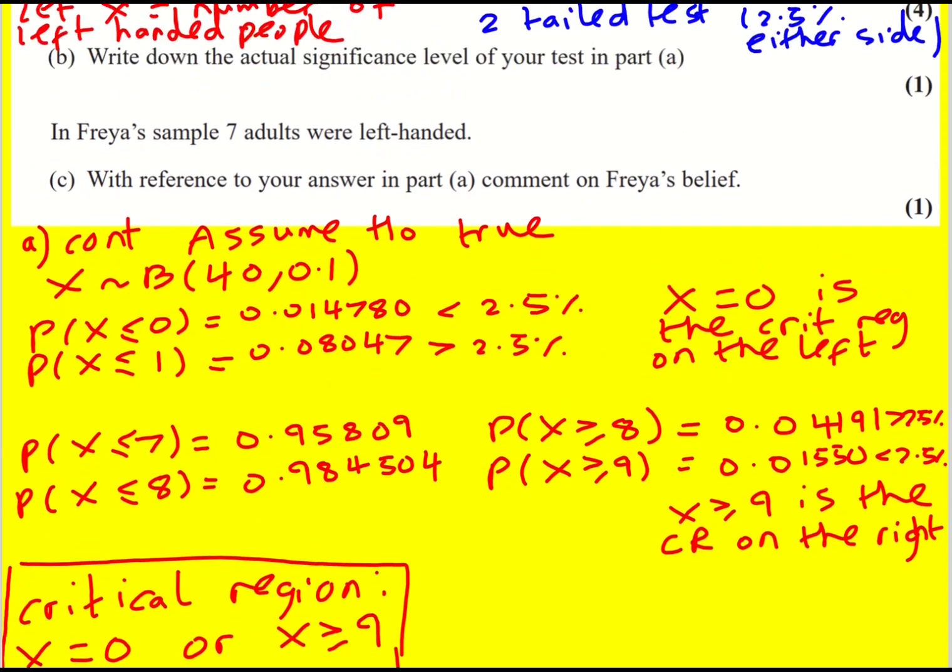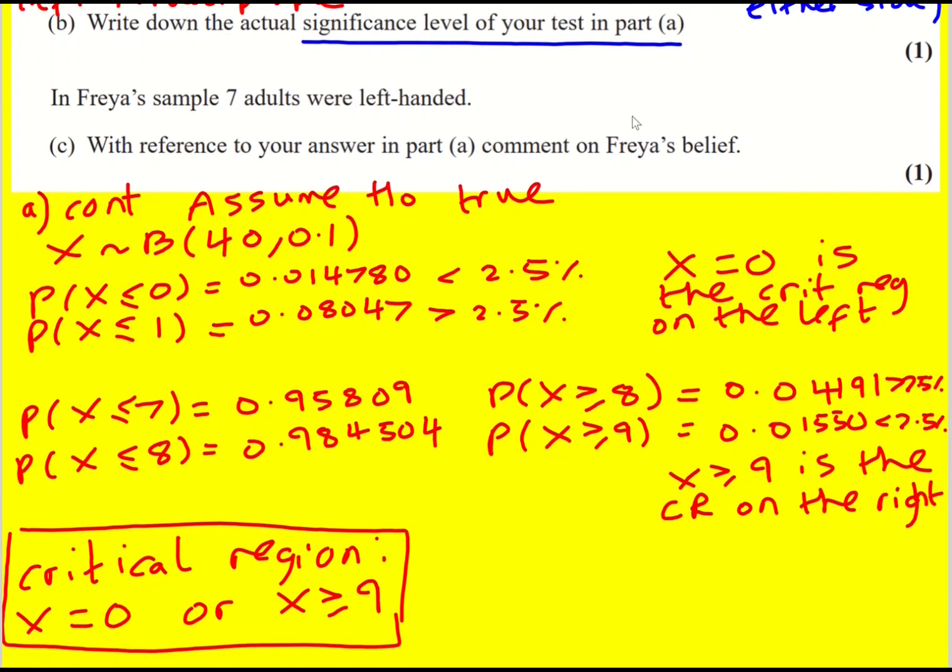Write down the actual significance level of your test in part A. So this is the probability that we end up in the critical region even when H0 is true. And so it's going to be this 0.01550 plus the 0.014780.